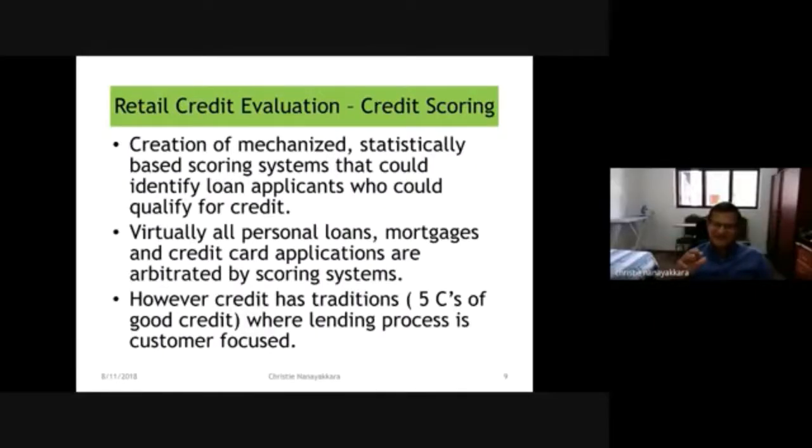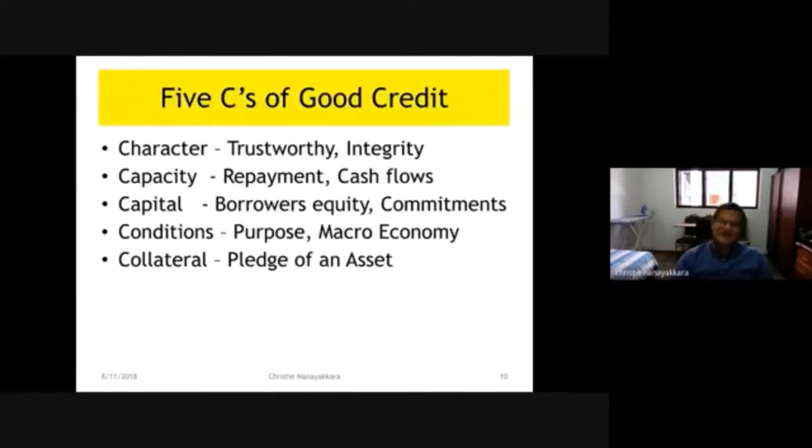Remember, I emphasize retail credit facility. I told you retail credit facilities are like housing loans, credit cards, personal loans, that nature. You cannot use this for a business facility. The 5 C's of good credit, probably you know it. So I'll show you what it is.